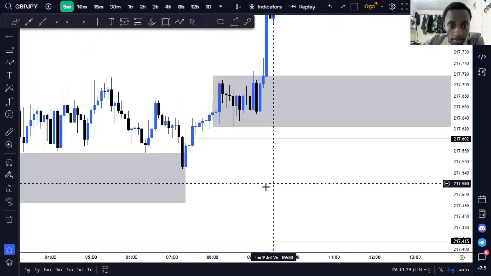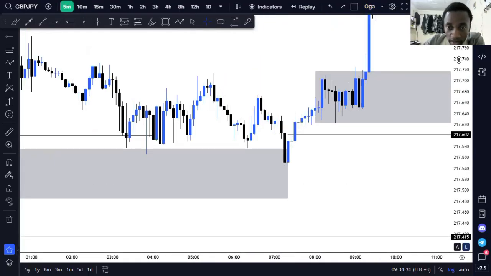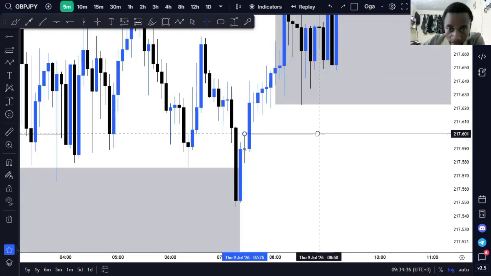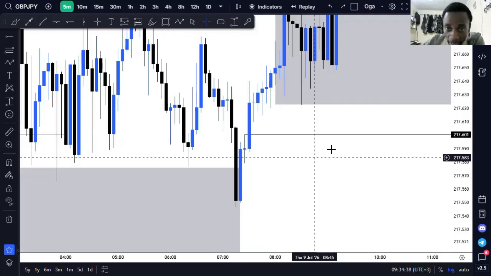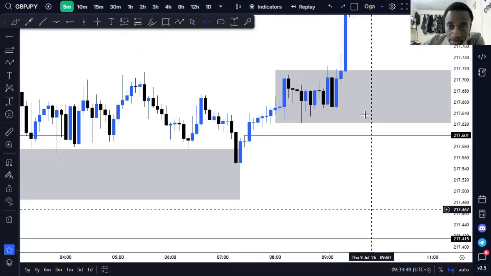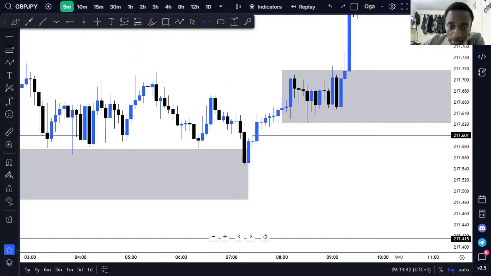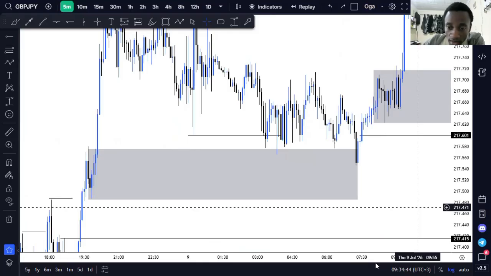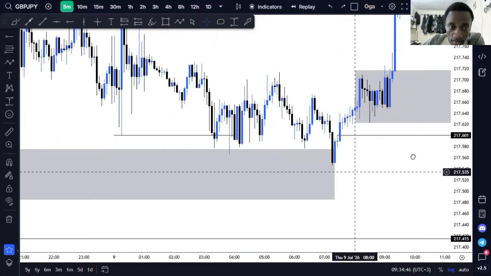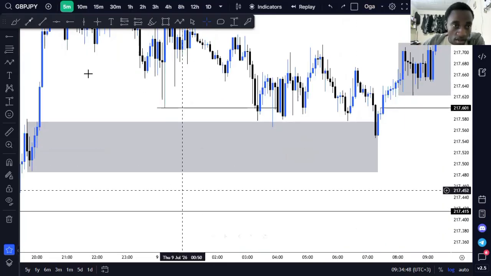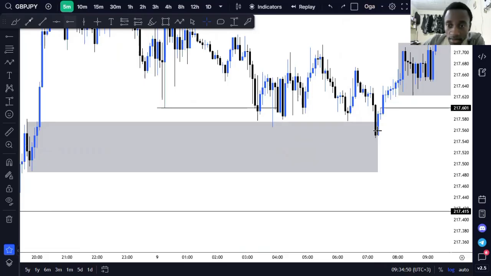What do you have there? Yeah, we have a small diminutor, this one here. So price can pull back, take out the first area of the first zone, and comes to this structure. So maybe let me just mark the line.